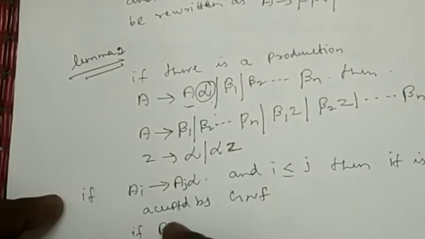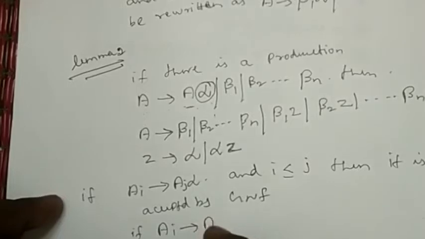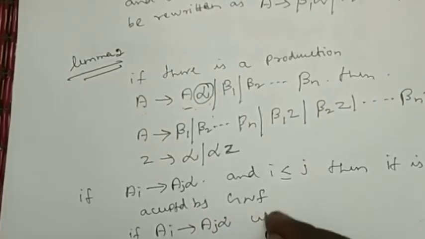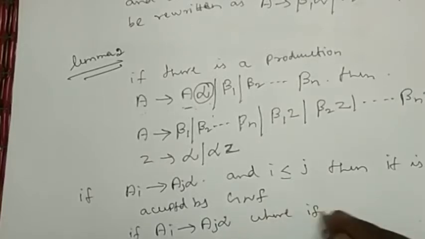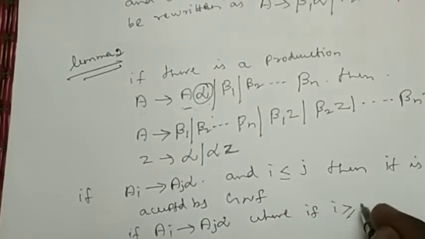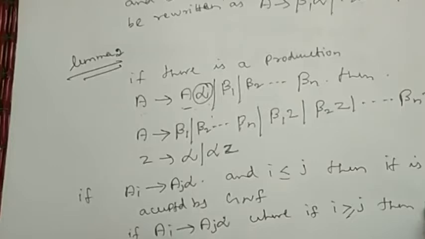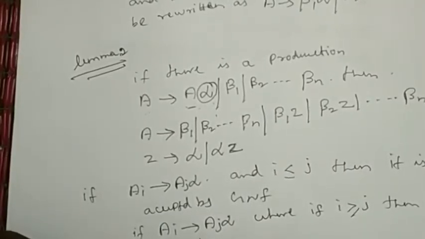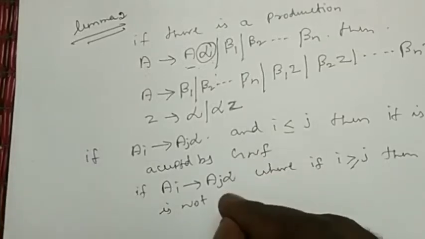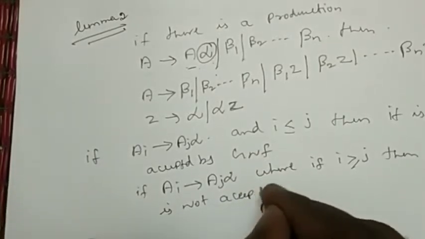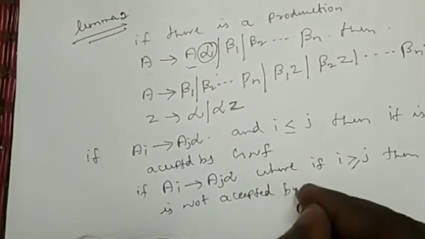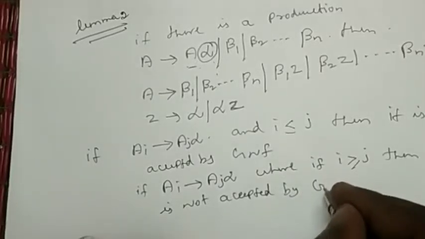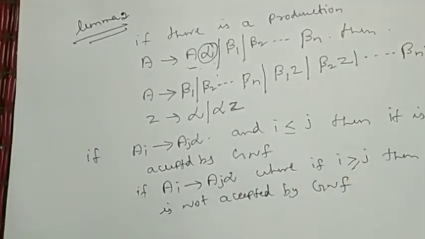If A i tends to A j alpha, where i is greater than or equal to j, then it is not accepted by Greibach normal form.